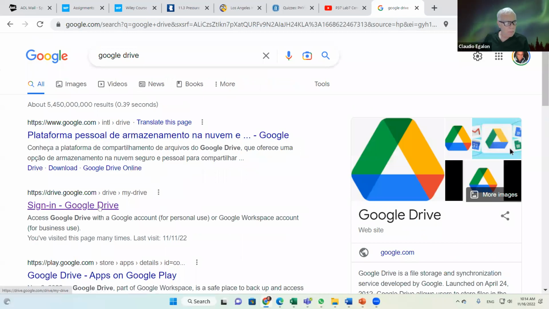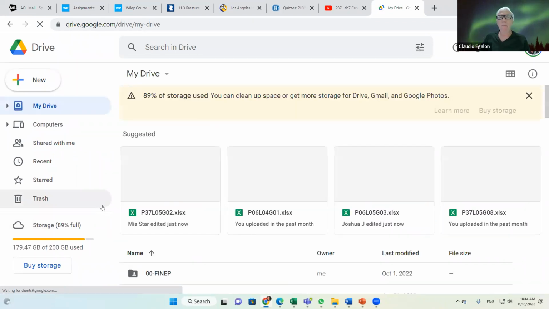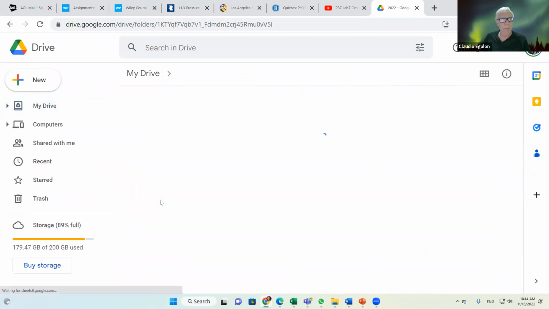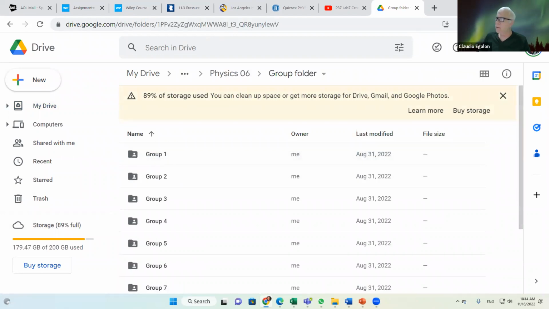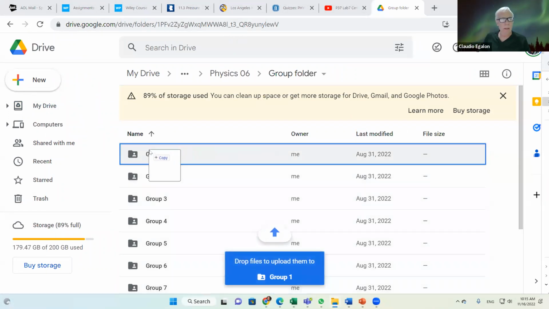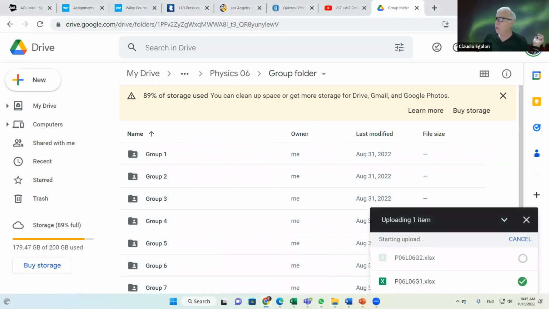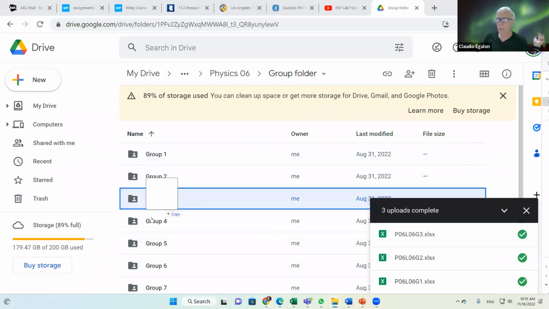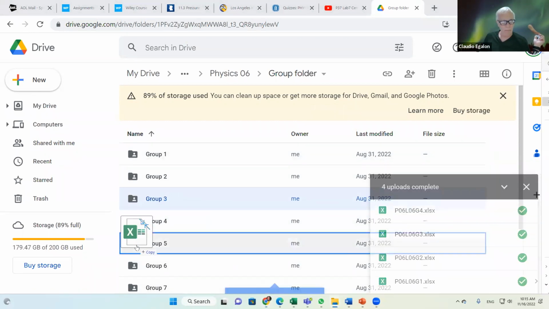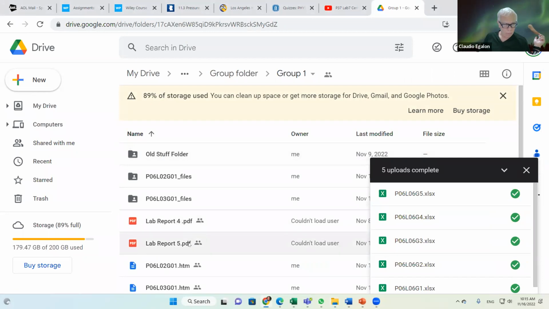Oh, lab 6 group folder. Now, group 1, group 2, group 3. Group 3, group 4, group 5. Let me see if it's getting there. Group 5, 4, 5. Okay.